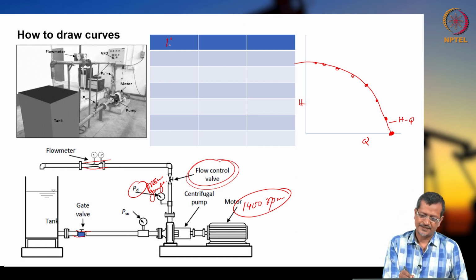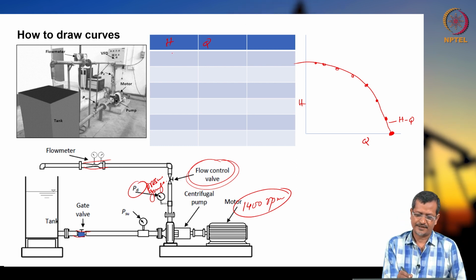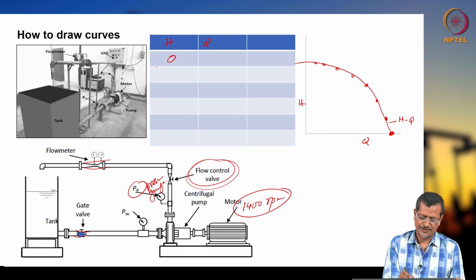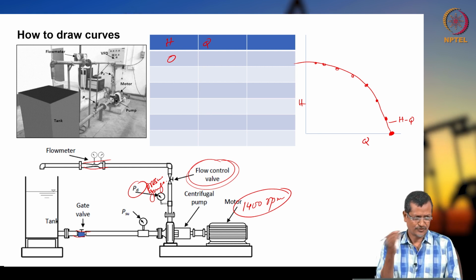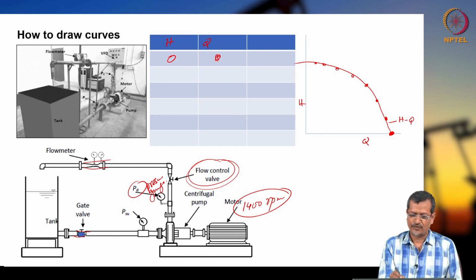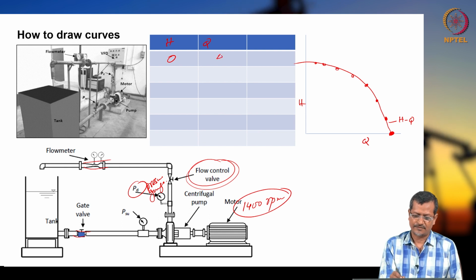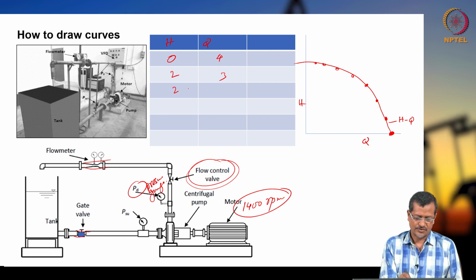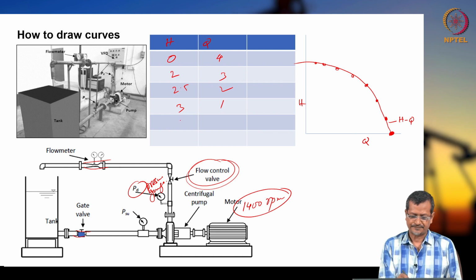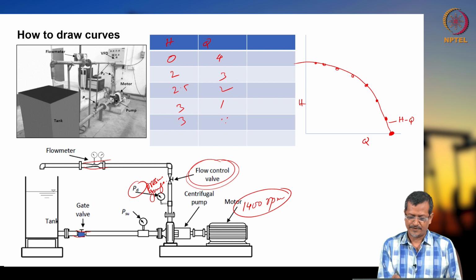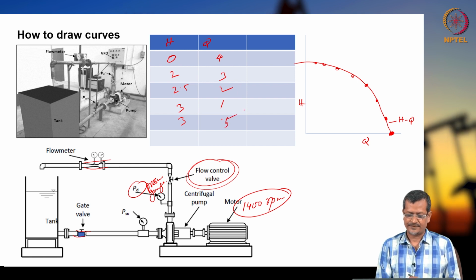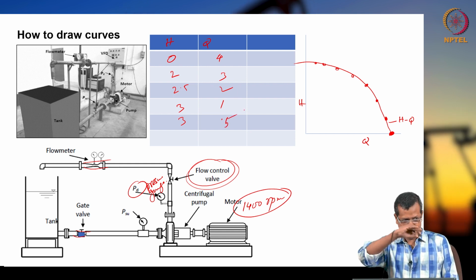If I look at the HQ data, H may be initially 0, the needle is not moving, and flow rate may be 4 meter cube, some value, I am not writing the unit. Then H of 3, 2.5, 2, 1, and at the end the head is not changing, maybe 0.5. That way I can draw the curve.